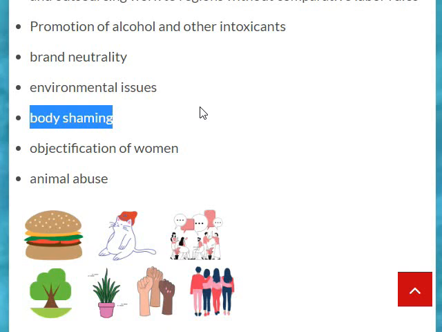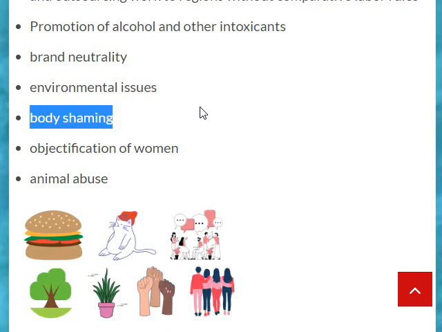Basically, they do not make people feel bad about their own body. So body positivity is also something which is expected from the business or the company.